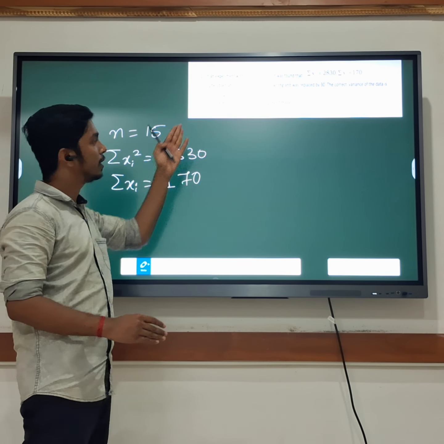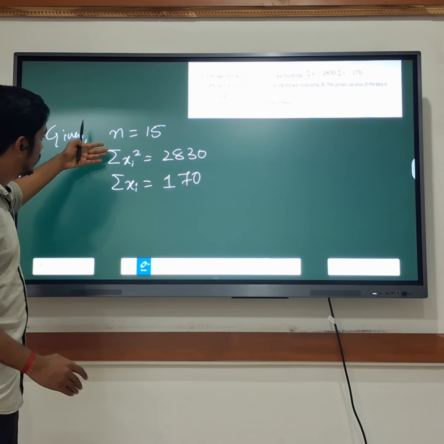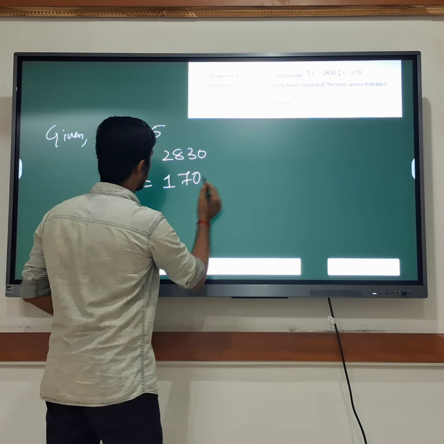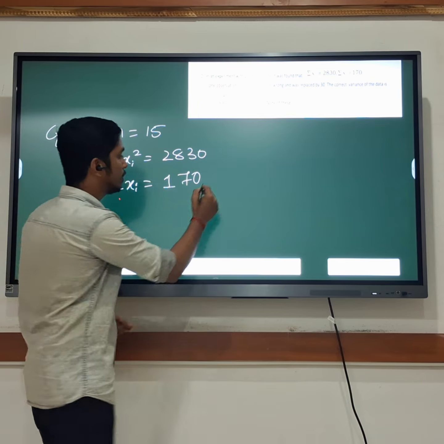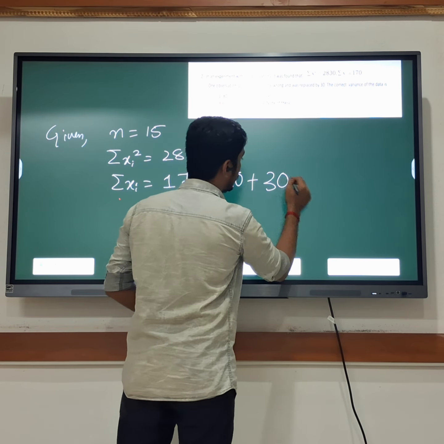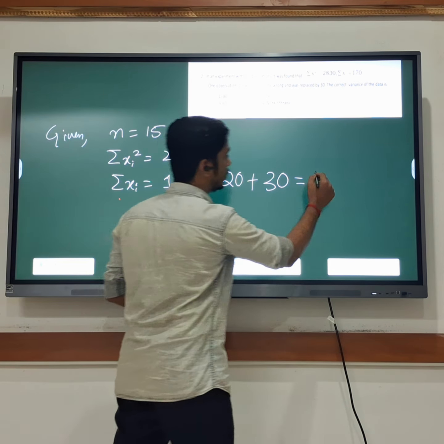Just subtract 20 and add 30 in the given summation xi and summation xi square. Here the sum of the observations is given, so just minus 20 and add 30. We will get 170 to 180.